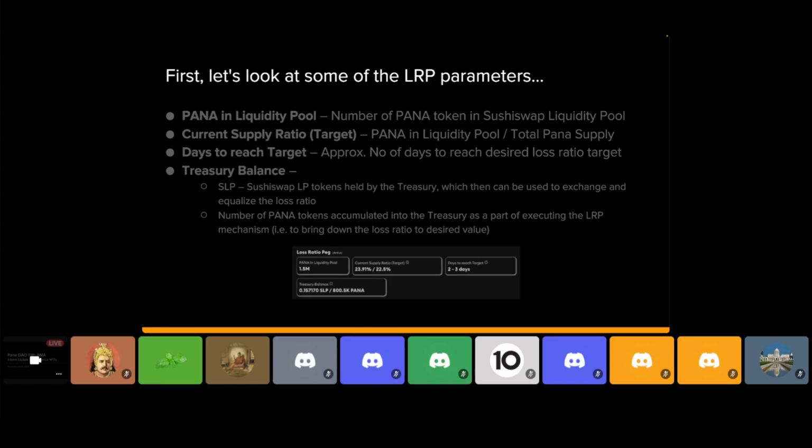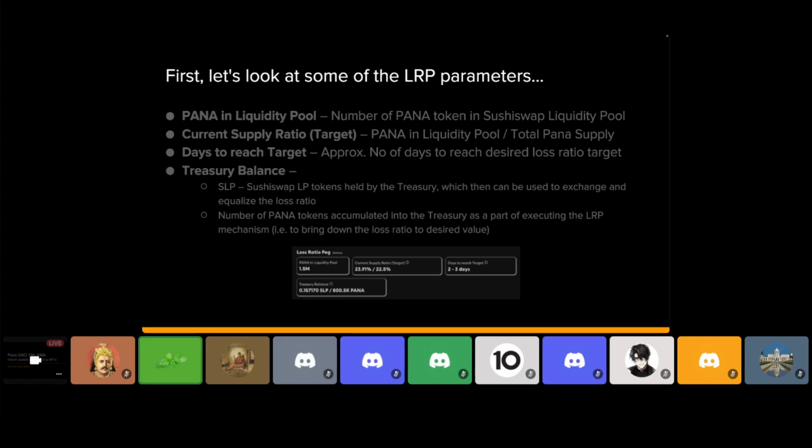So if you go to the PanaDAO web application, there is a dashboard page wherein we have a separate section for loss ratio peg related metrics. There are four different types of metrics over there, and the first is the PANA in liquidity pool, which is the easiest one to understand.